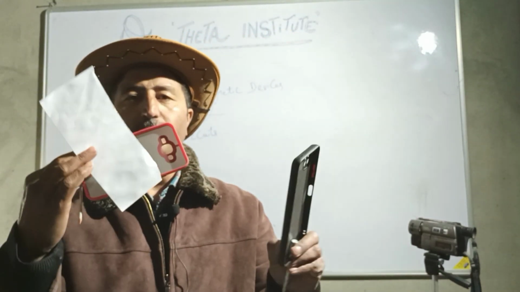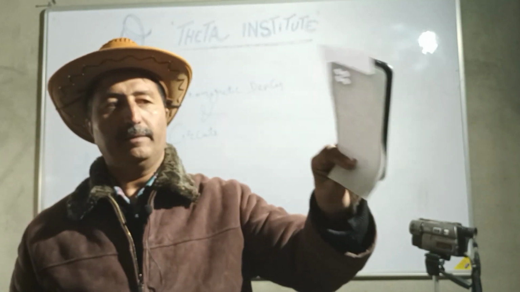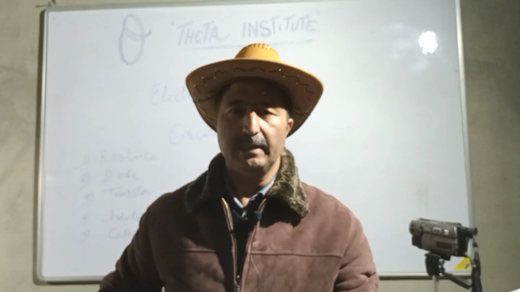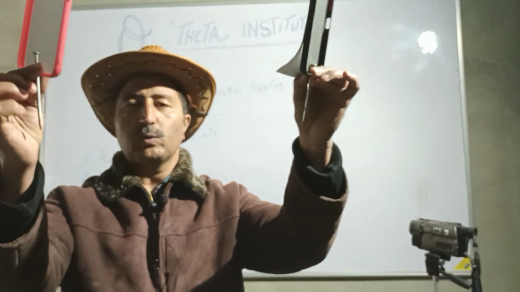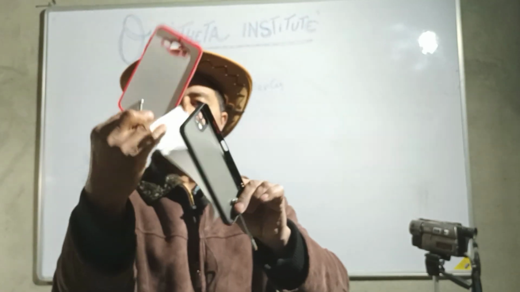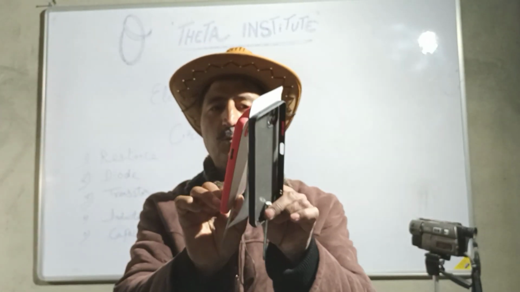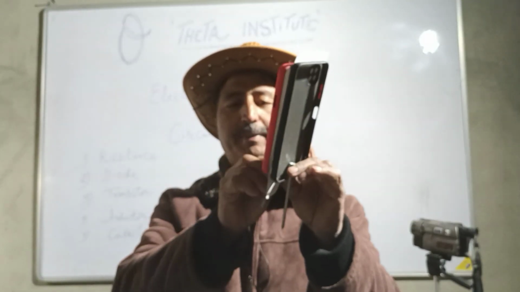We have to place one paper in between these plates, in between these conducting plates connected with two conductors. This is one conducting plate, this is another conducting plate. Now we keep them close together, separated by paper.